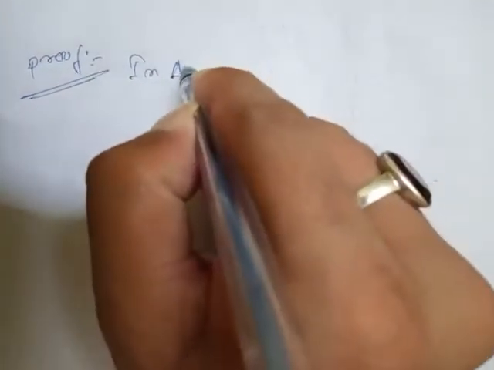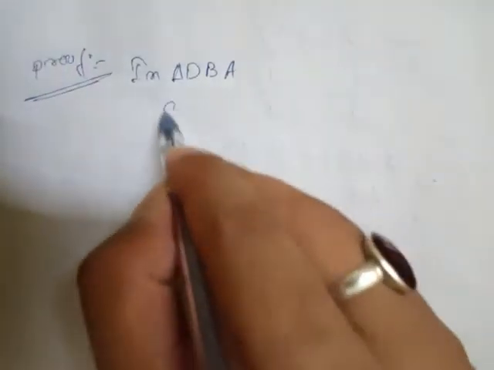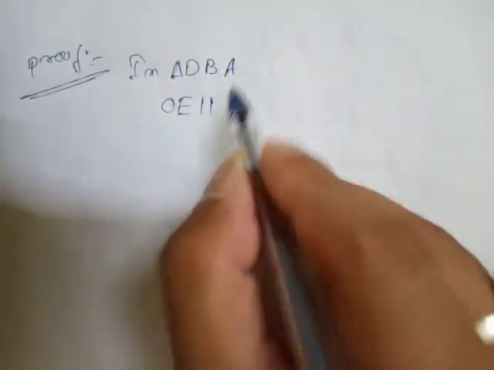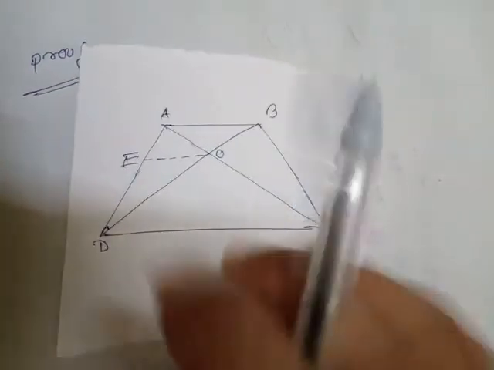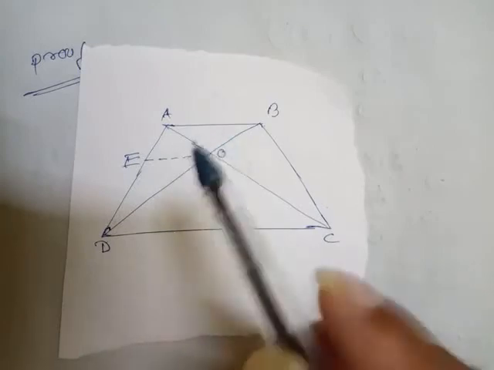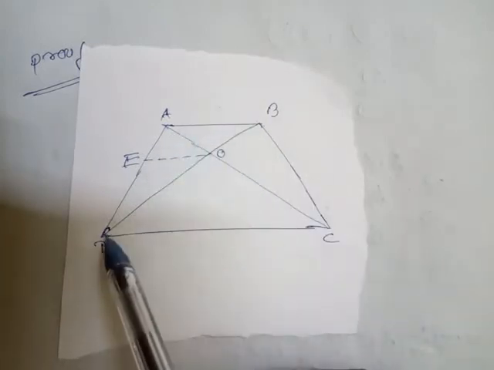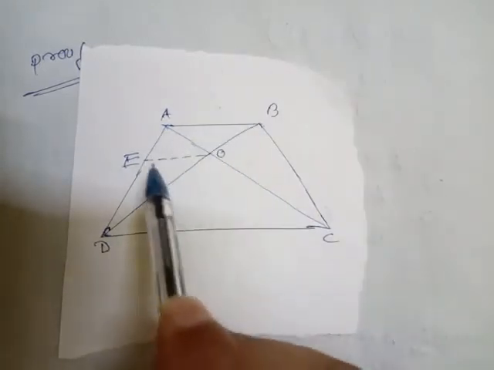Now we'll start the proof. Question number 10, proof. In triangle DBA, OE parallel to BA.